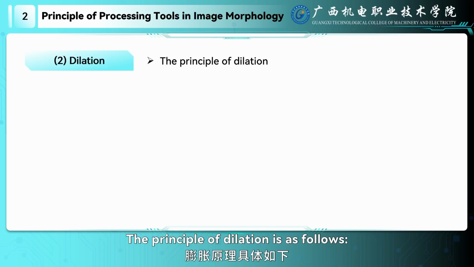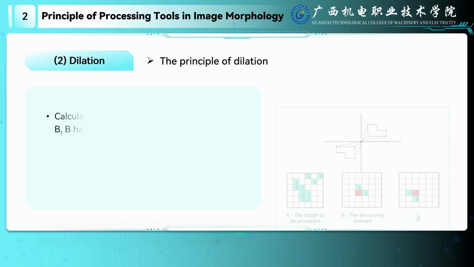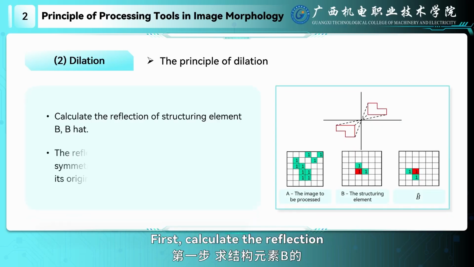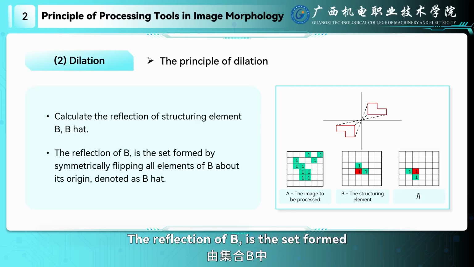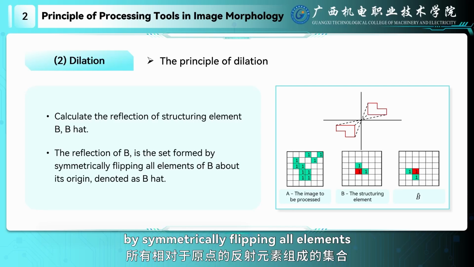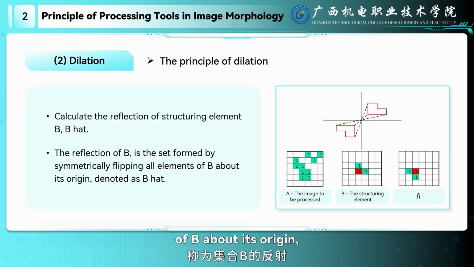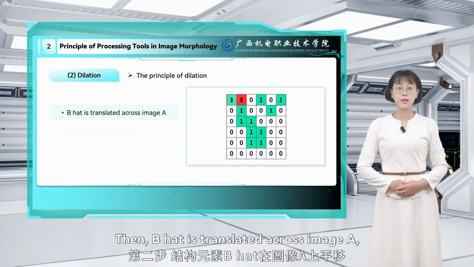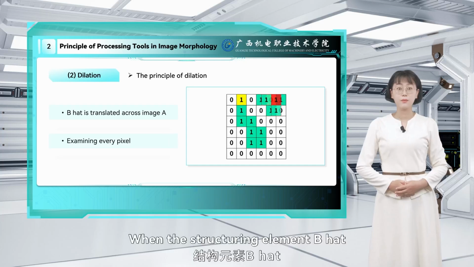The principle of dilation is as follows. First, calculate the reflection of structuring element B, denoted as B hat. The reflection of B is the set formed by symmetrically flipping all elements of B about its origin, denoted as B hat. Then, B hat is translated across image A, examining every pixel.